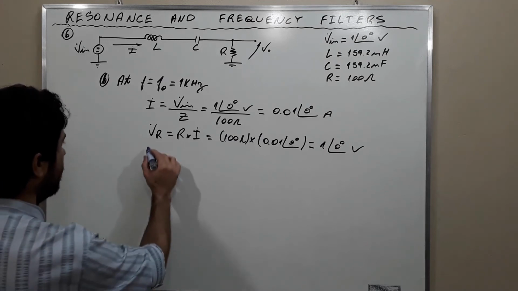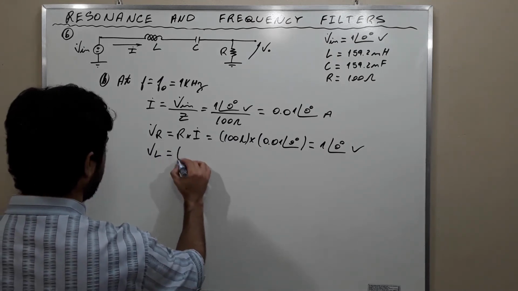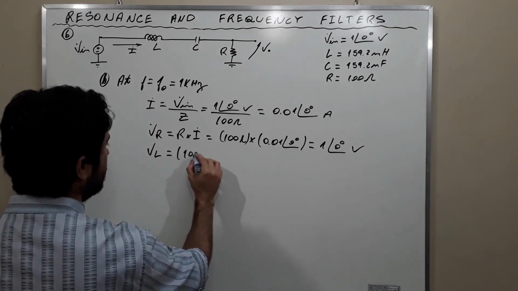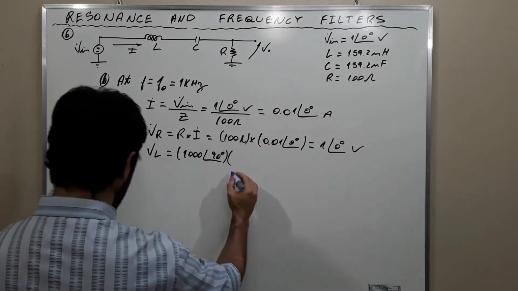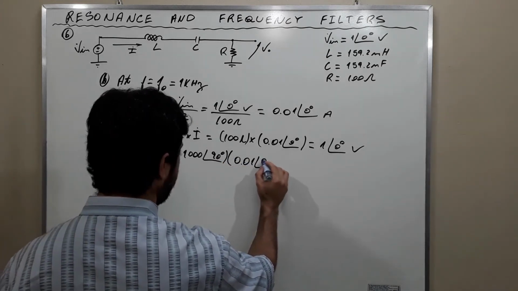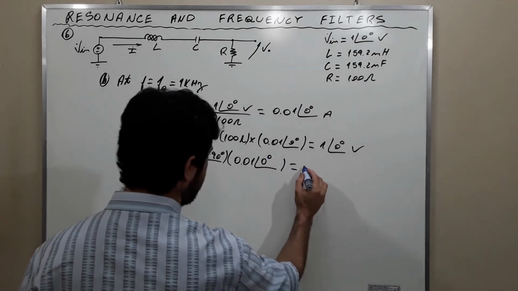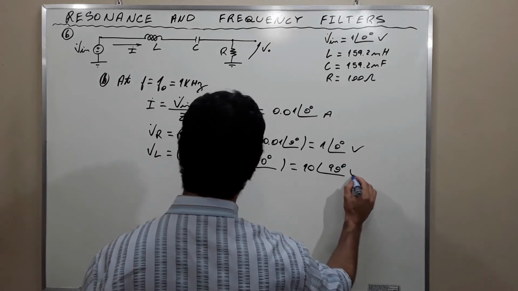Likewise, we calculate for the inductance. It is going to be 1000 phase 90 degrees multiplying the current 0 degrees, and this is 10 phase 90 degrees.